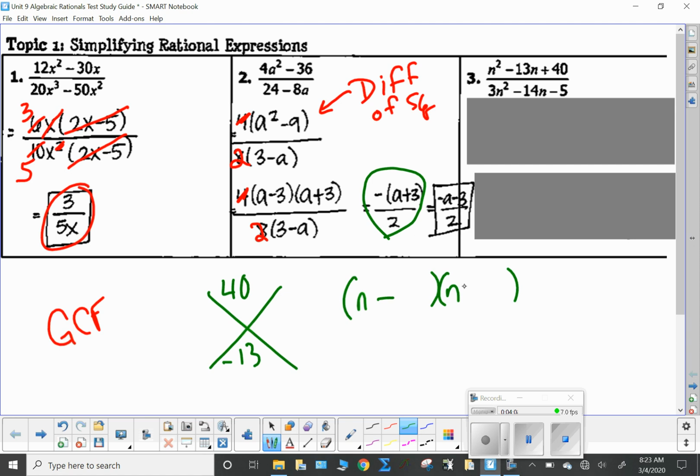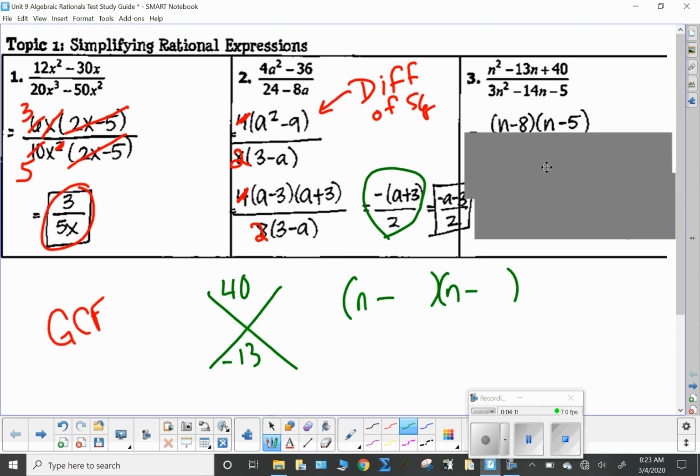Okay, and they're both going to have to be negative because I'm going to get a positive product and a negative sum. Now, you can go back and forth and think about it. You wind up with n, you wind up with negative 8 and negative 5. So 8 and 5.